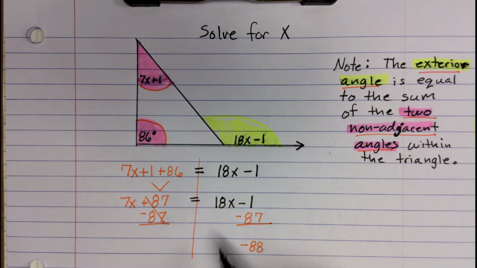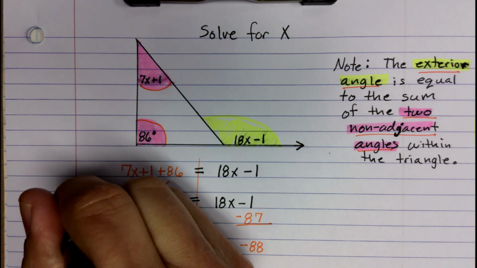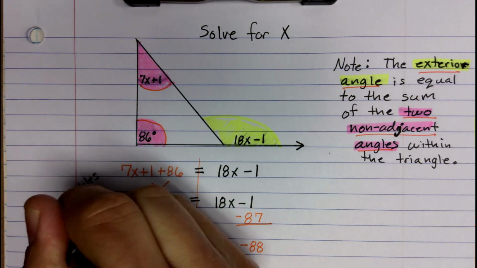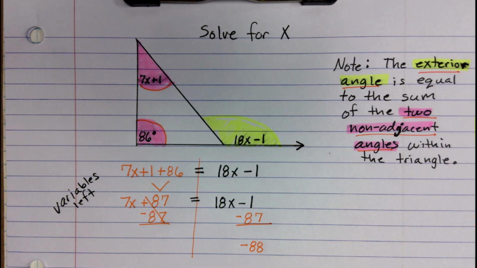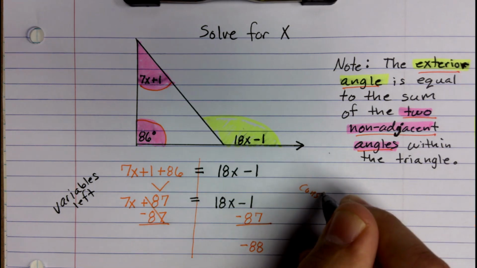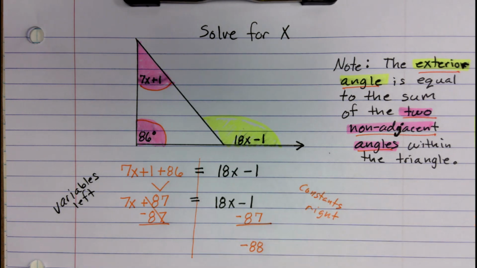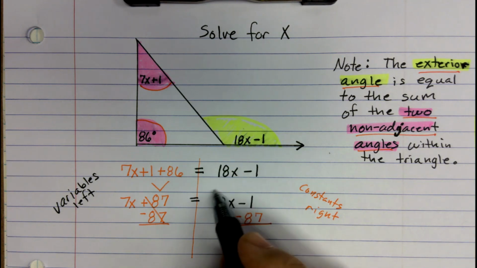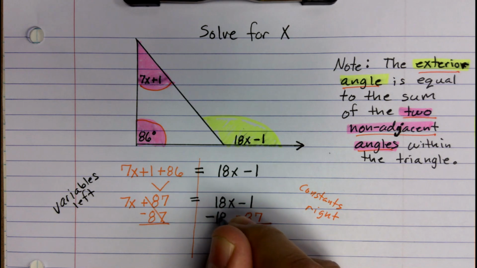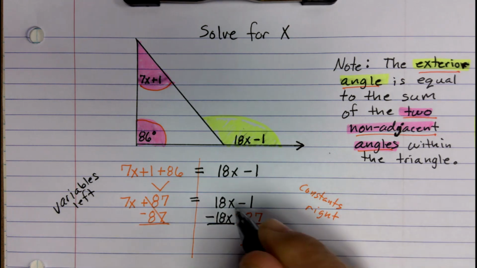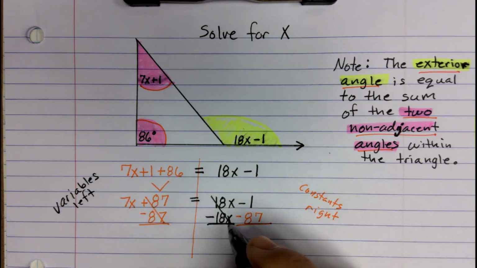The next thing I want to do, now that I've got my constant values all moved to the right, is move my variables to the left. So I'm going to put right here just a note: variables left, constant right. Now if I want to move 18x over to the left, I have to do the opposite of what's happening here. This is a positive 18x, so to move it I'm going to subtract it, and that leaves me with 0 x's on the right hand side.